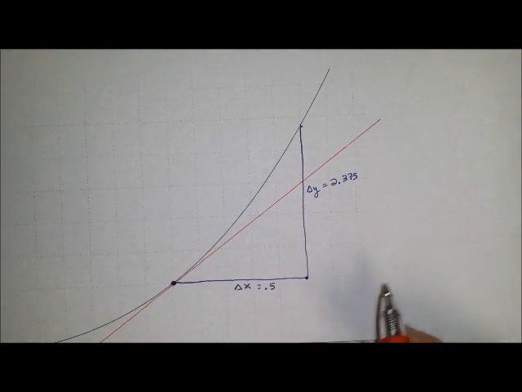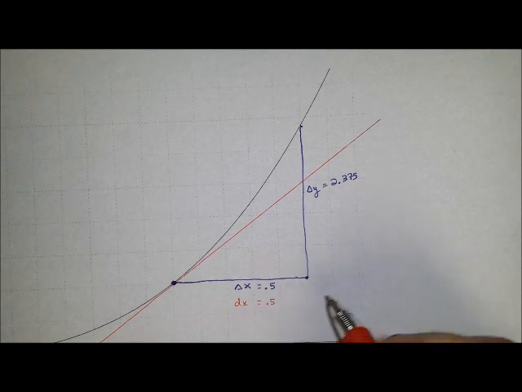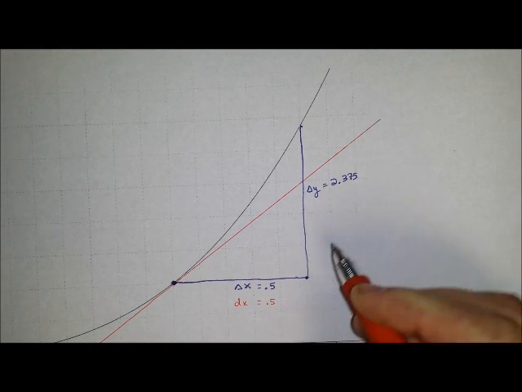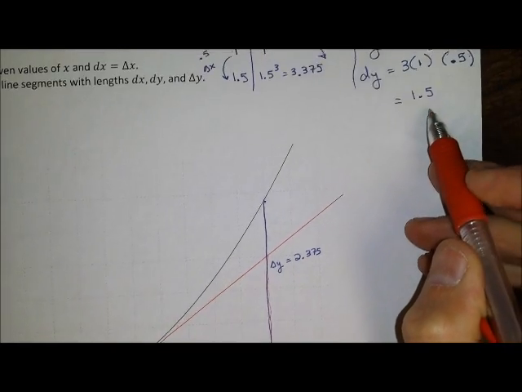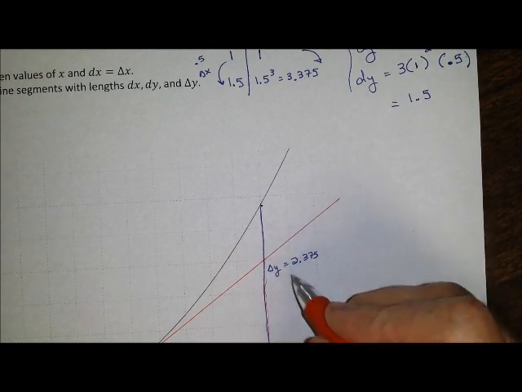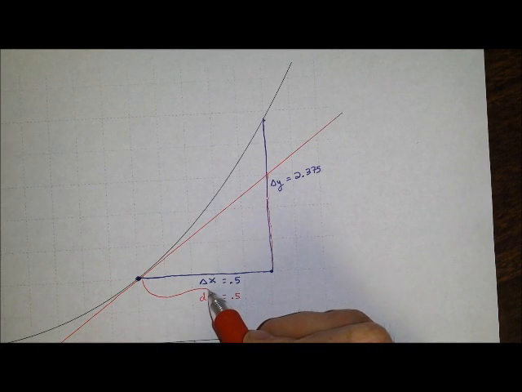And so on this tangent line, when dx is 0.5, we get out to this point. How far is it up to here? We computed that it's 1.5. So I'm going to actually keep it color coordinated here. I'm going to do some brackets here.